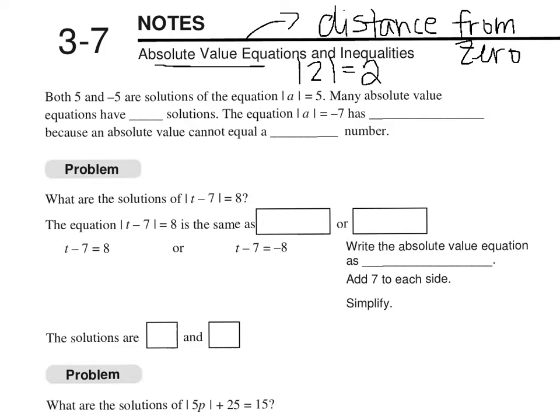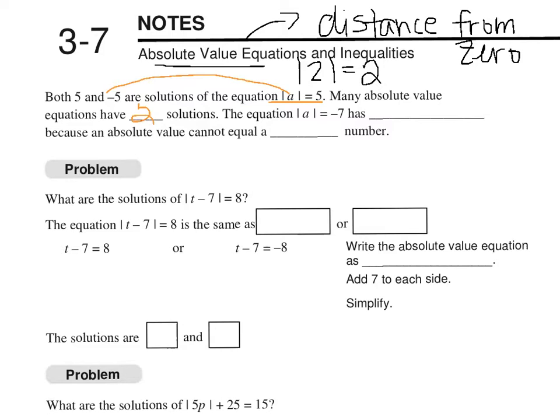Both 5 and -5 are solutions to the equation the absolute value of a equals 5. Because if I put a 5 in, the absolute value of 5 is 5, and the absolute value of -5 is also 5. And for that reason, many absolute value equations have two solutions.